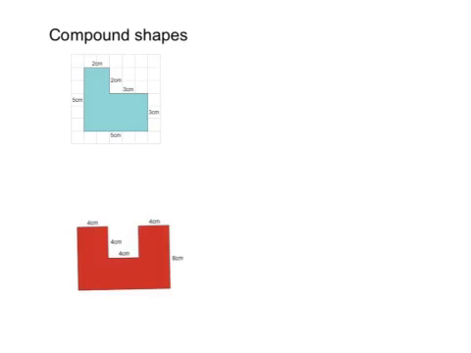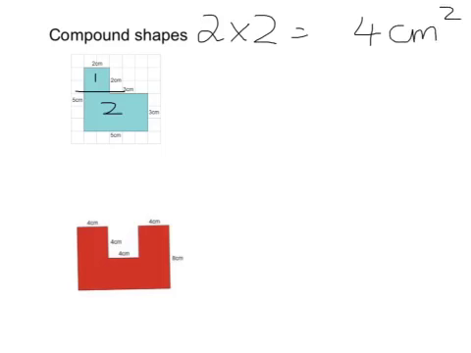So I'm going to cut this shape this way, shape 1 and shape 2. To find the area of shape 1, I need to do 2 times 2, which is 4. It's in centimetres, so it would be 4 centimetres squared.